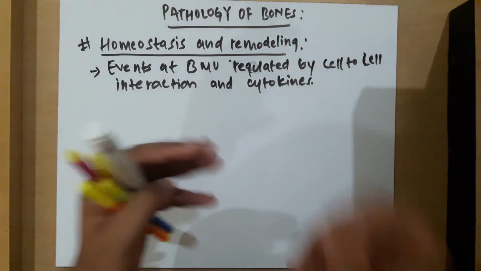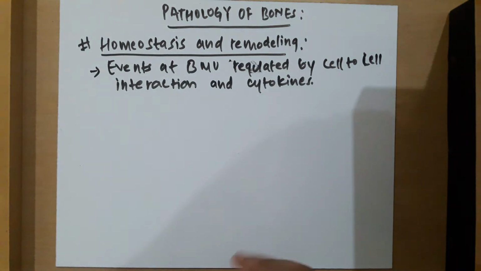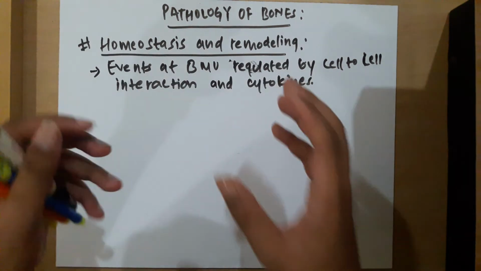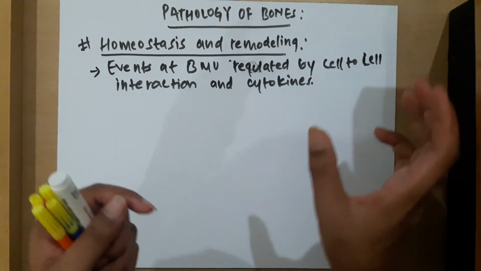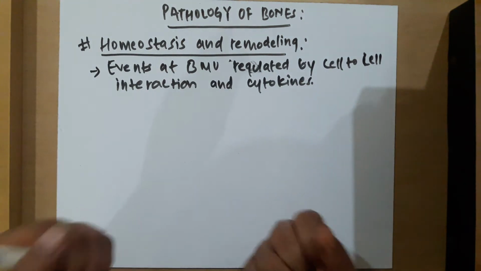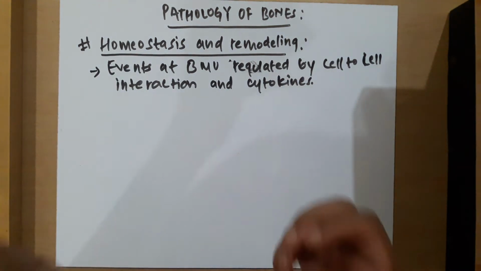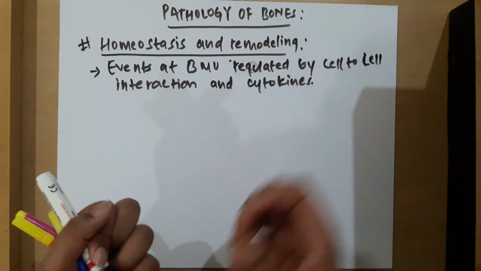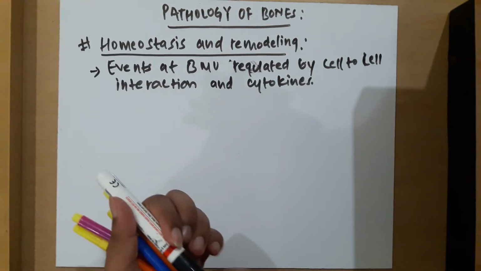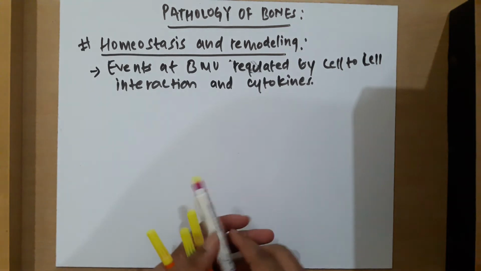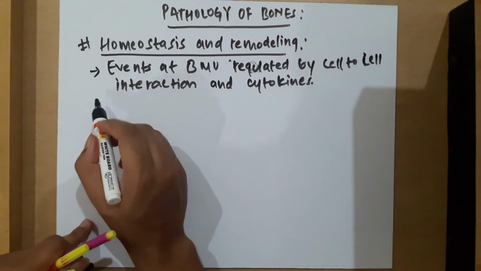Interaction between these factors, receptors, and ligands controls the events at BMU. So that's why it is cell to cell interaction. And cytokines also have a role in the events happening at the BMU. So we'll discuss one by one. So let's come to it.